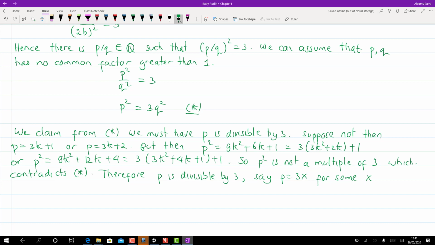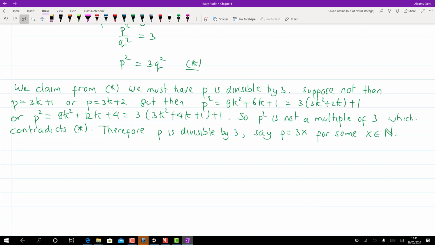Say p is equal to 3x for some integer x. We can assume that p and q are positive, so x can be a natural number. Now plug p equal to 3x into star. We have 9x squared is equal to 3q squared. After dividing both sides by 3, we have 3x squared is equal to q squared.